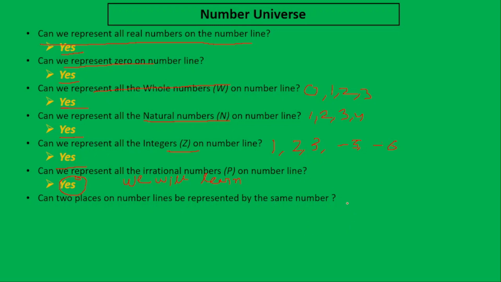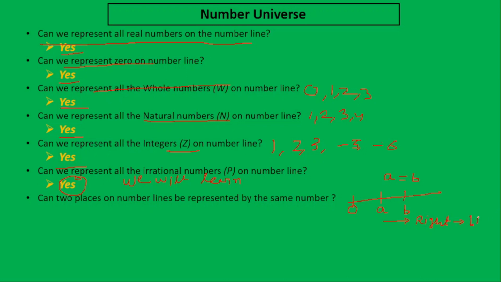Can two places on the number line be represented by the same number? Suppose the same number, A and B, are there. So A is equal to B because these are the same, but two places are there. In the first case B is rightward, but we know that a rightward number is greater.